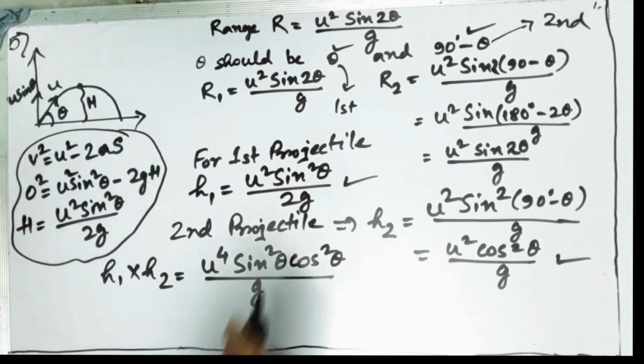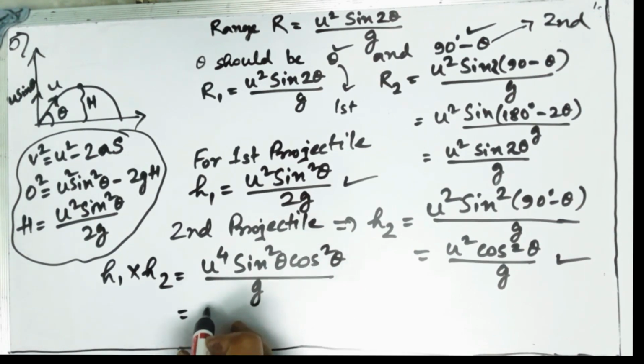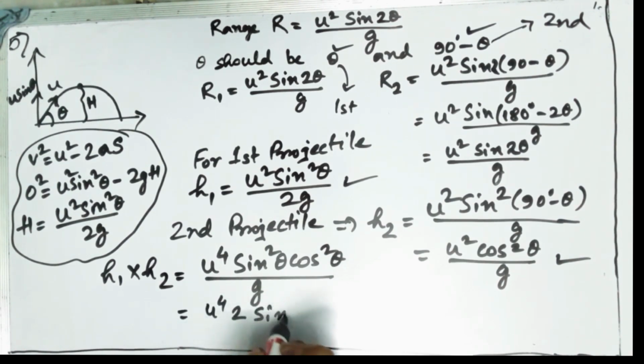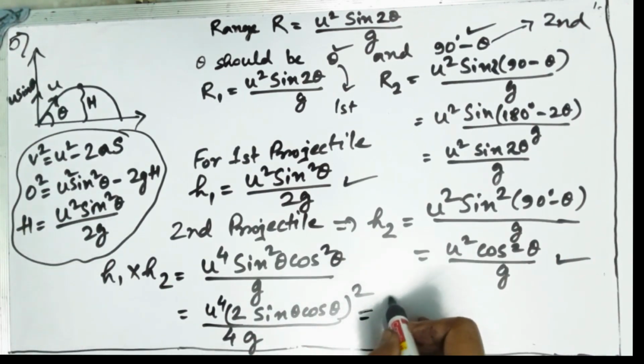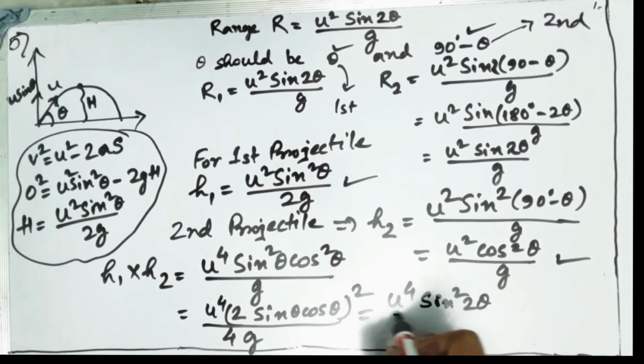Let's do some mathematical calculation. We know that 2 sin theta cos theta gives us sin 2 theta. So we take u to the power 4 times 2 sin theta cos theta whole square, which gives us u to the power 4 sin square 2 theta.